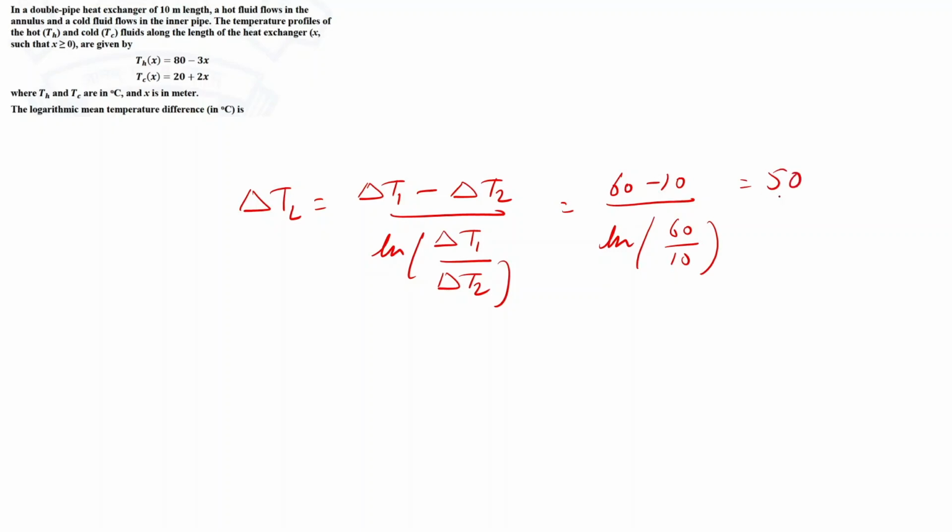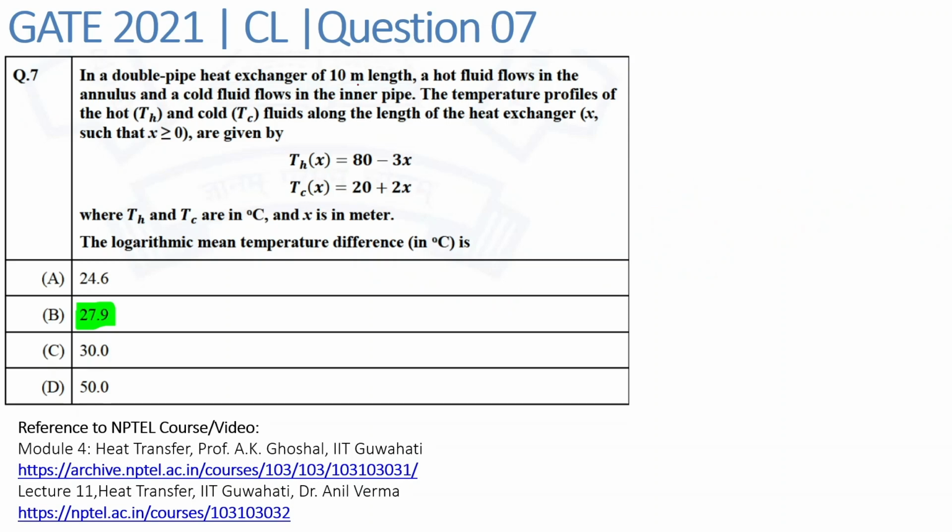It is 50 upon ln of 6. You can solve this using the calculator, and this value will come around 27.9. So our log mean temperature difference is 27.9 degrees Celsius. From the given options, option B is correct, 27.9 degrees Celsius.